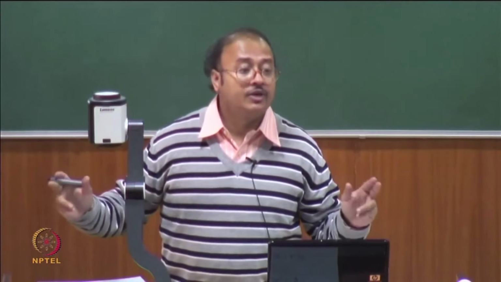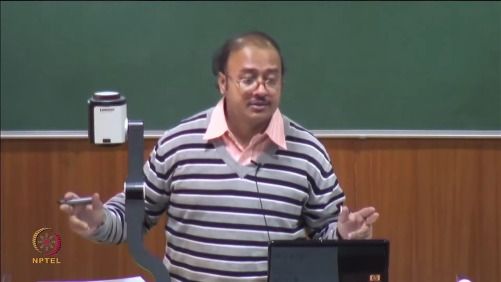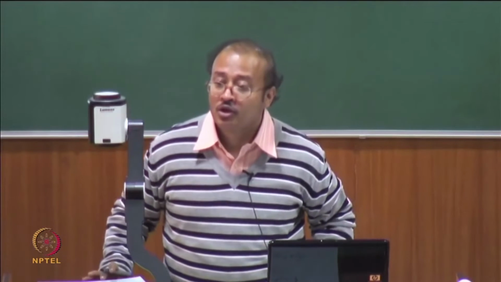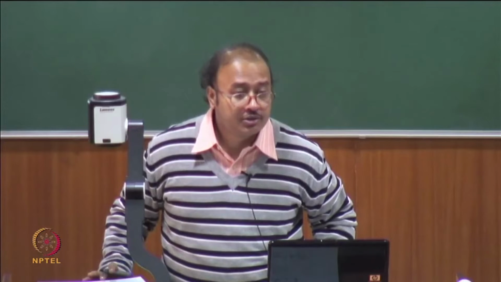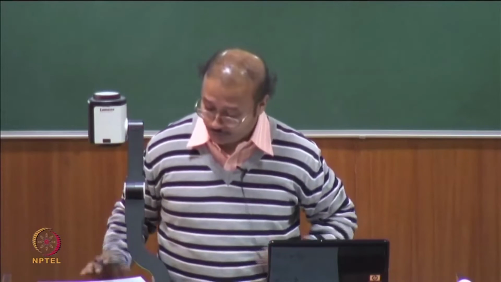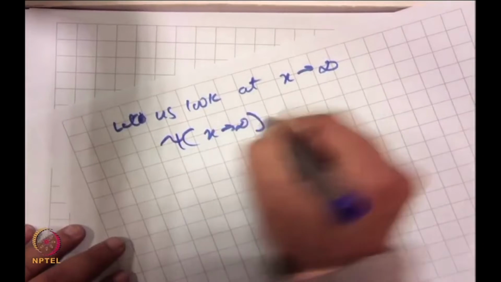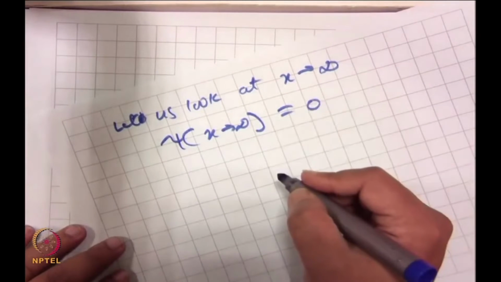So, then if x is tending to infinity, that means you are at an infinite distance along the x direction from the plate, would the charge or would the ions feel any electrostatic potential? No. So, then I can write psi at x tending to infinity is equal to 0.